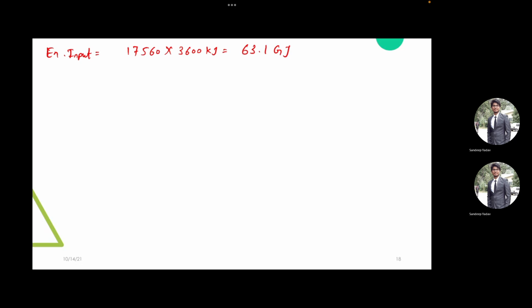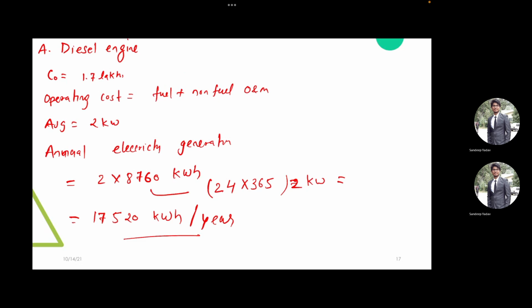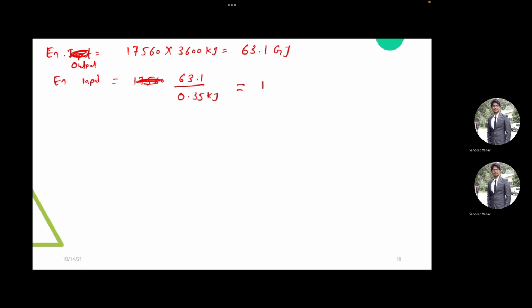And energy input, if you give energy input, that is energy output. Energy input we have to give is 63.1 divided by 0.35, that will be around 180.2 gigajoule, or we can say 180 into 10 raised to power 3 megajoule.